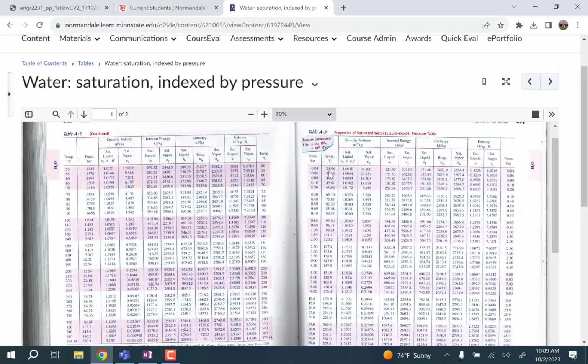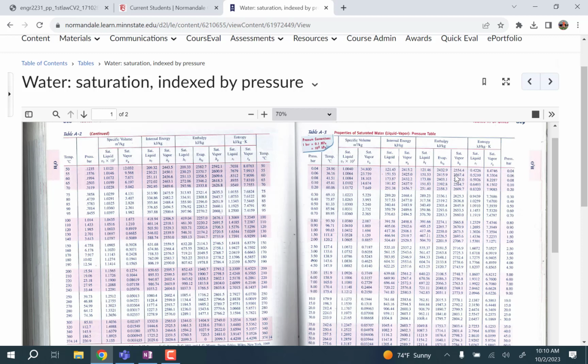So 0.06, go across to the enthalpy, and we want the saturated vapor. So that is 2567.4. That's in kilojoules. We're doing everything in SI units.